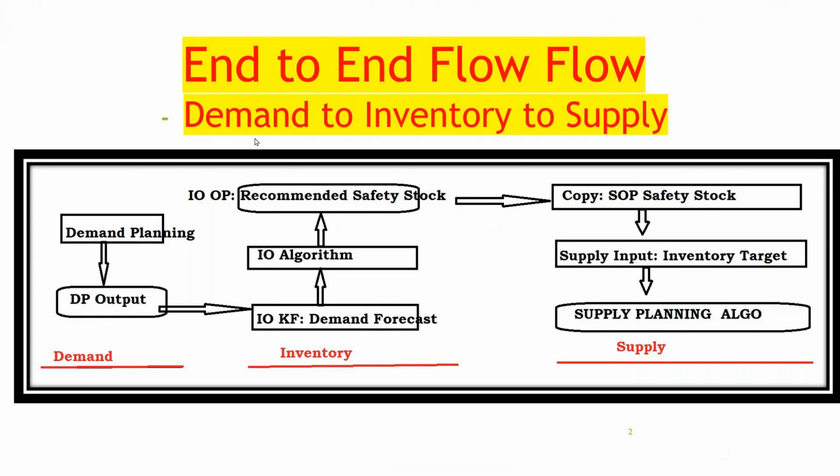That's why we also need the recommended safety stock, to keep some buffer so that we can adjust with the demand. So we'll see this portion now. The middle one is our topic.